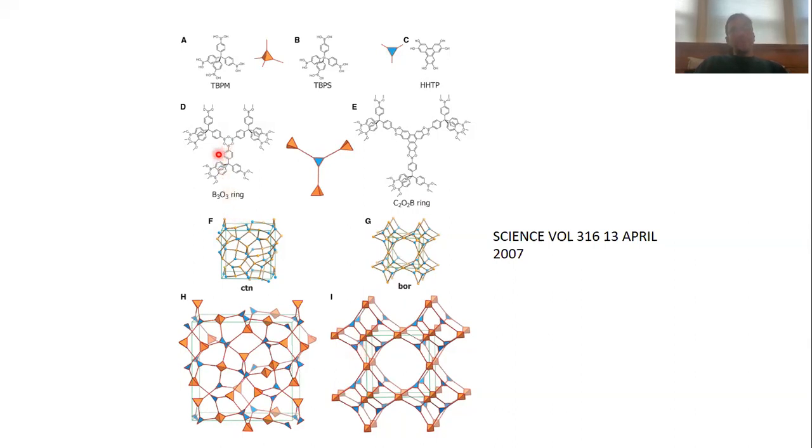Okay, so when we have these B3O3 6-membered rings, the CTN structure is energetically favored. If we use this hexahydroxytriphenylene, then the BOR structure is energetically favored.